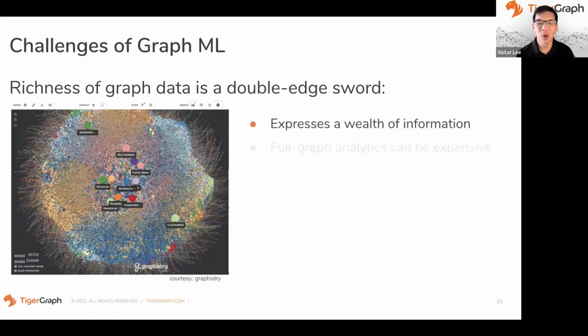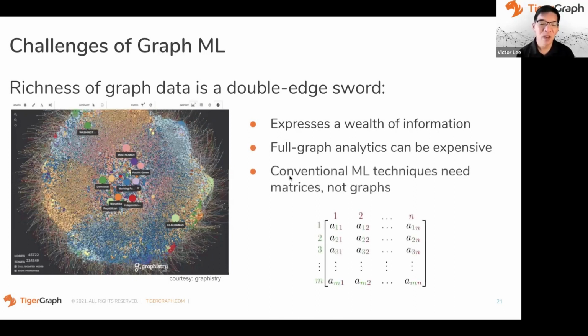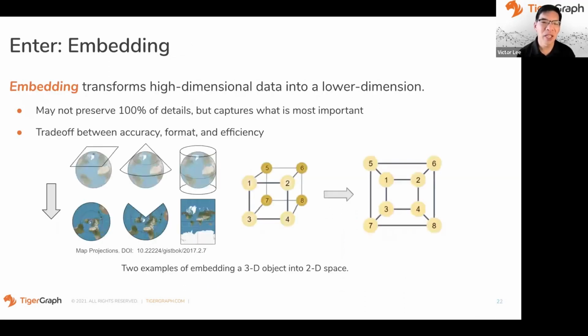It expresses such a wealth of information that sometimes doing this analytics can be expensive. And also, conventional machine learning techniques are based on matrices, not on graphs. So there's a difference in the data representation, and there may be too much information to conveniently handle.